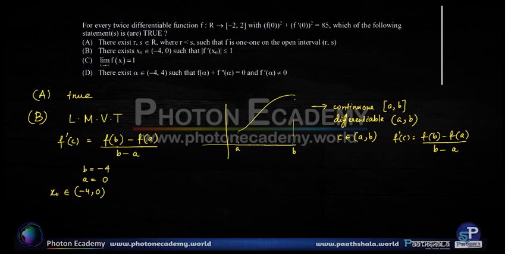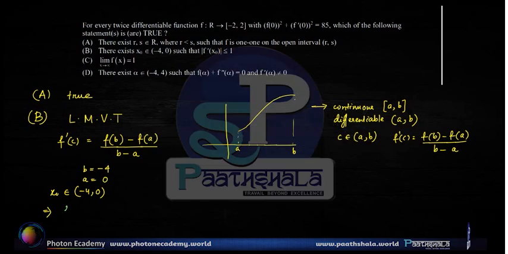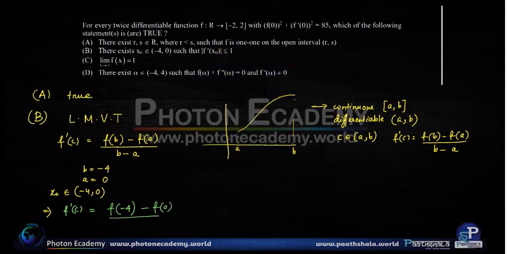That implies we have f dash c is equal to f of minus 4 minus f of 0 divided by minus 4 minus 0.